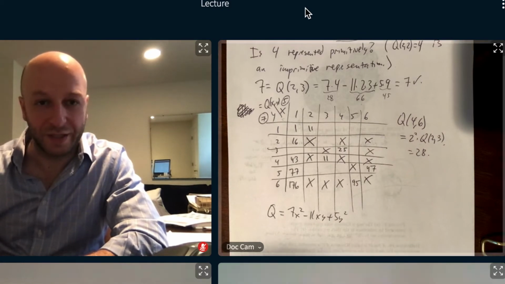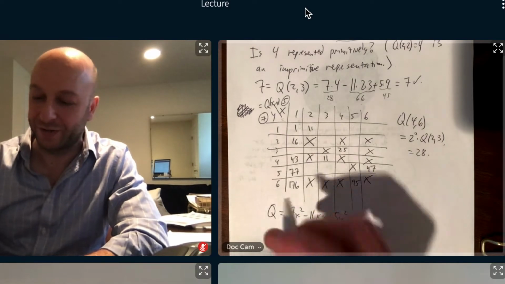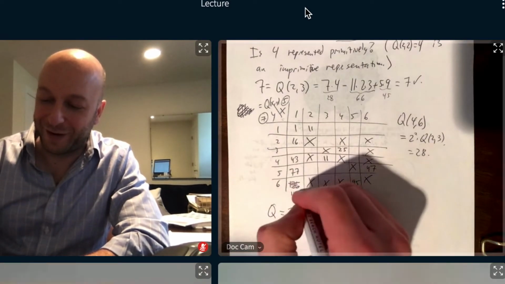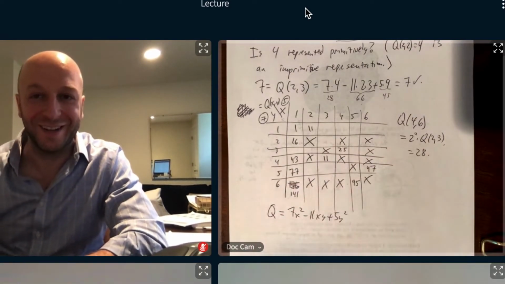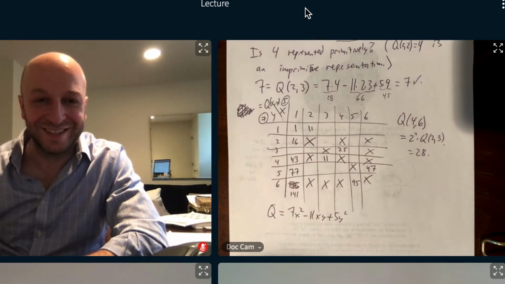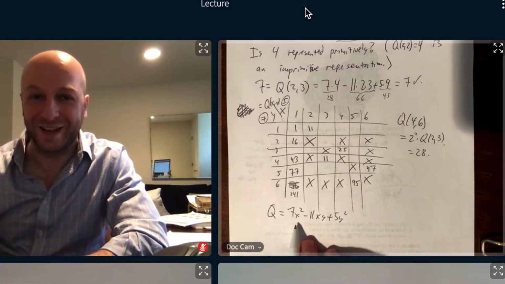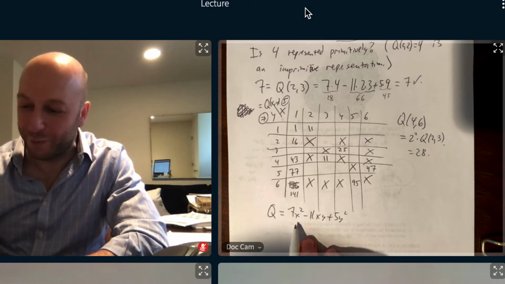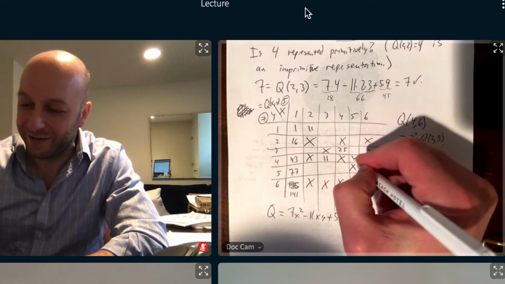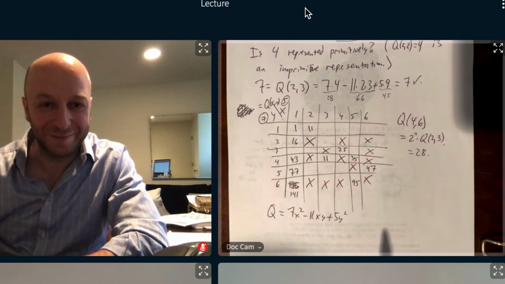Oh, not 176? Oops, okay. It's very easy to make a mistake. I don't know if this is quite second grade arithmetic, but 5 4 is 35. We're almost there.